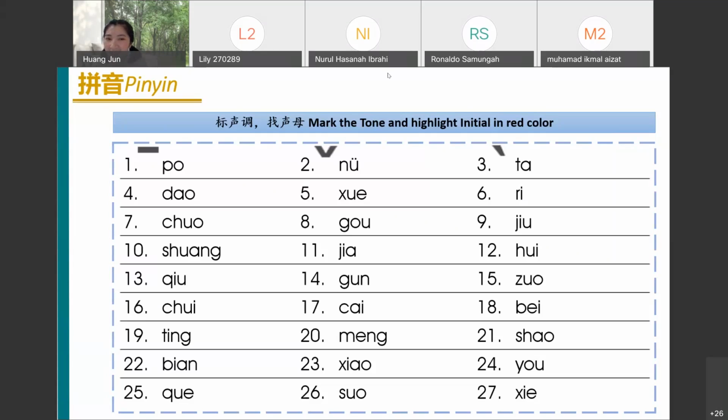So when you're writing 女, the 2 dots, you cannot forget.